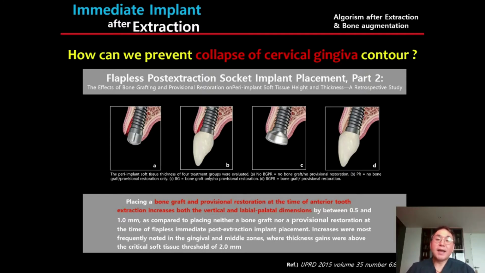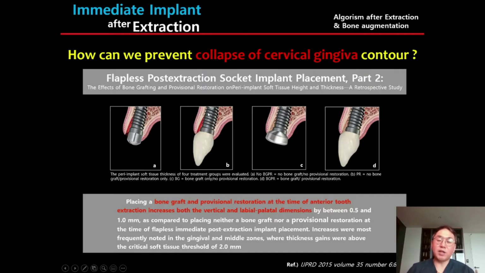Provisional restoration. Yeah, this is a research about clinical outcome of anterior immediate implant placement. In group A, only immediate implant placement and small diameter healing abutment connection was done without any gap management. You can see the bone gap and soft tissue gap.